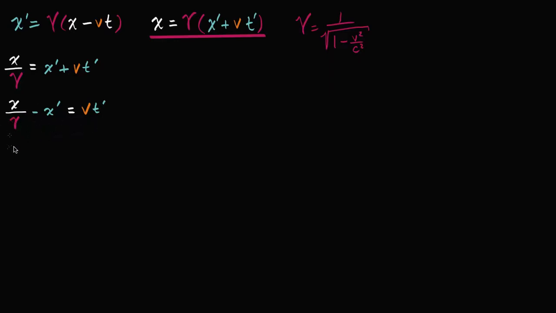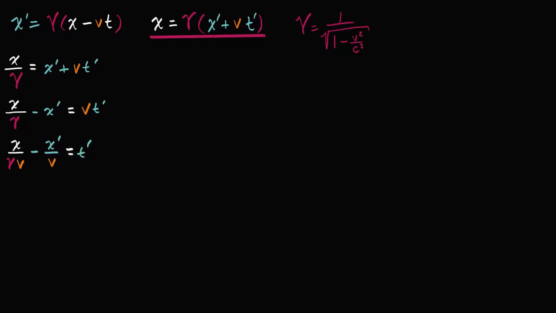And so we are going to get x over, well, now it's going to be gamma v. So gamma v, the v's in that orange color, gamma v minus x prime over v is going to be equal to t prime.